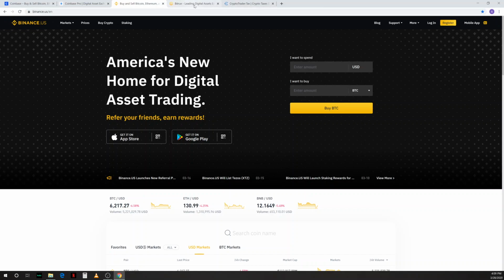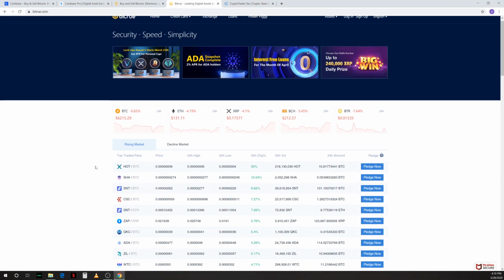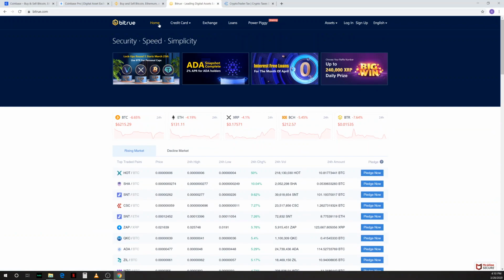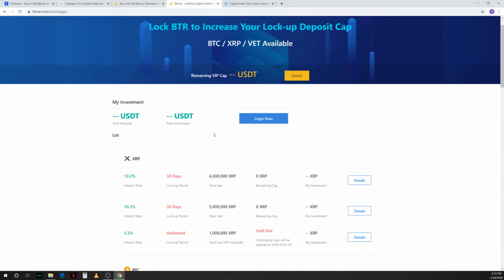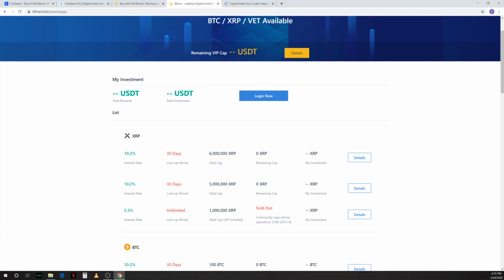Another one, Bitrue. This is a real XRP-heavy exchange. They're super big on it. They have this Power Piggy program, staking, and all this stuff. You can basically give them your tokens and they pay you. So you get an interest rate. You lock it up for 30 days.